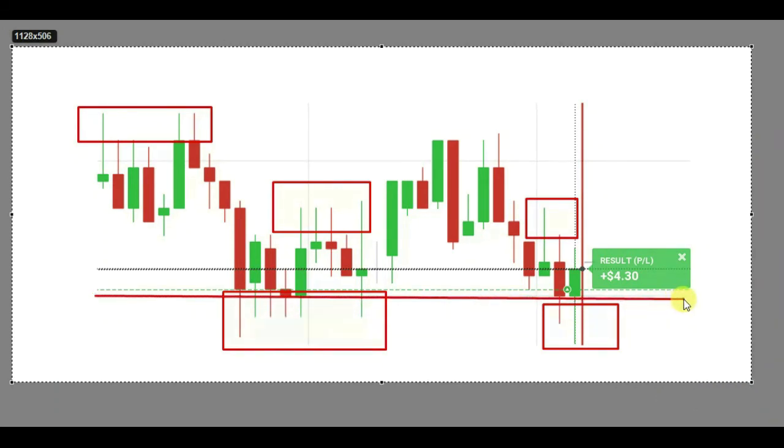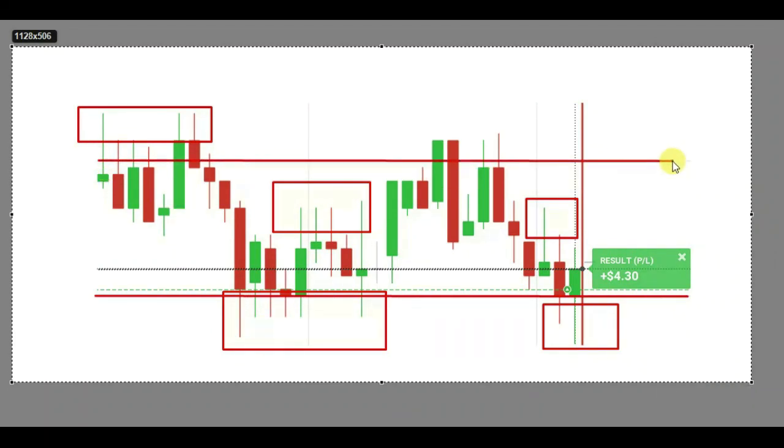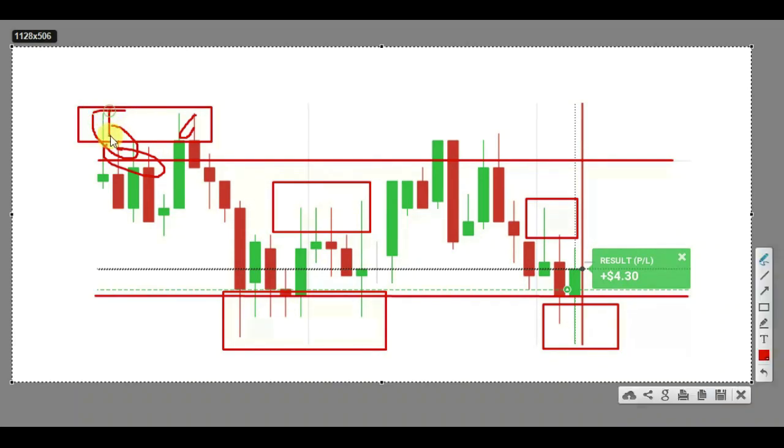Okay, this is a round number, and here you can see a round number. So both the round numbers are working strongly here. You can see this is a breakout, but as we can see there are strong wicks. So even after the breakout we can expect sellers entry because of this sellers pressure.